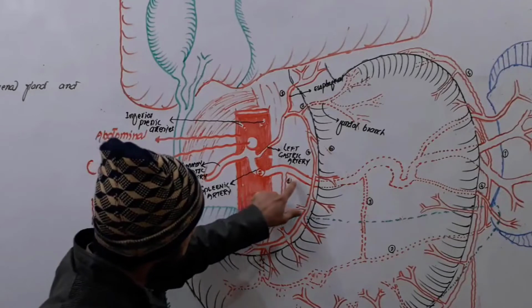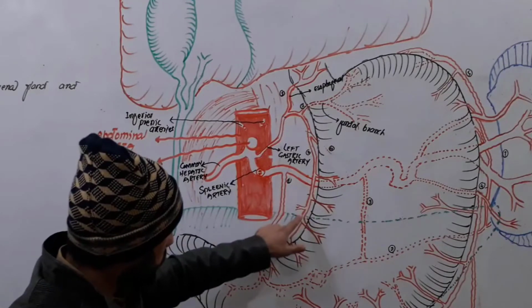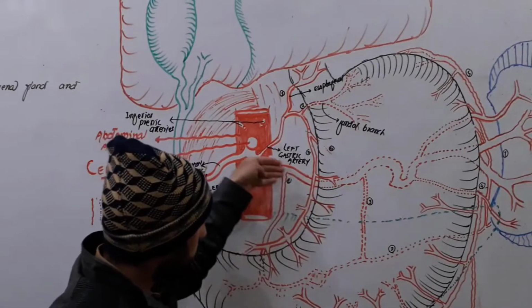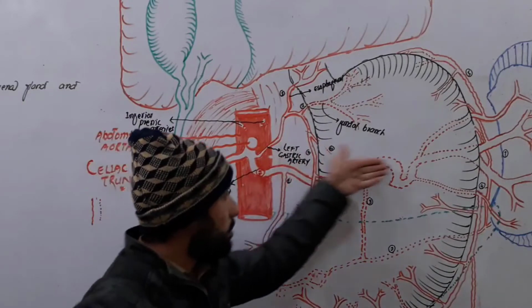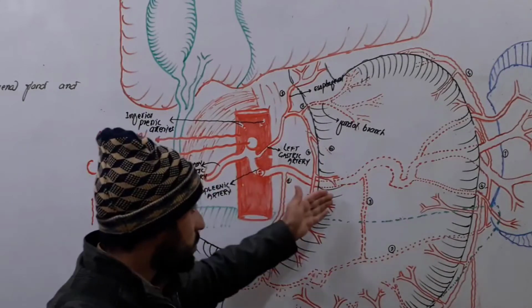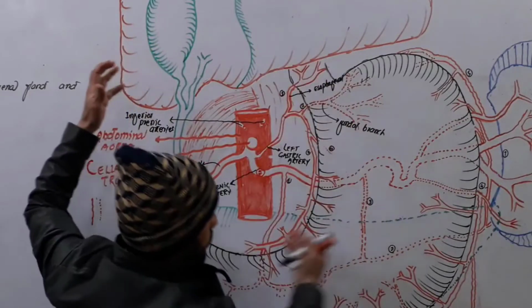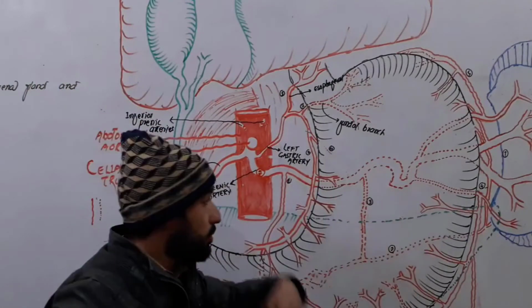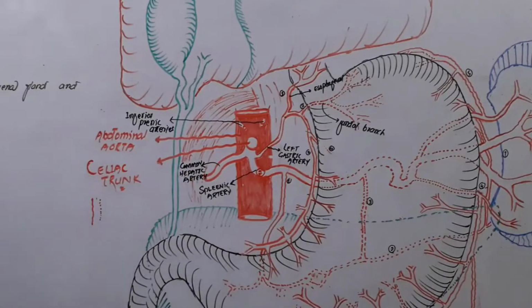This artery is shown in dark line, and this artery is also shown in dark line, but when it moves more laterally to the left side, it goes to the posterior aspect of the stomach. If you hold the stomach like this, you can see the splenic artery is present behind, or posterior to, your stomach. So that's why I have said that this artery moves anterior to the kidneys.